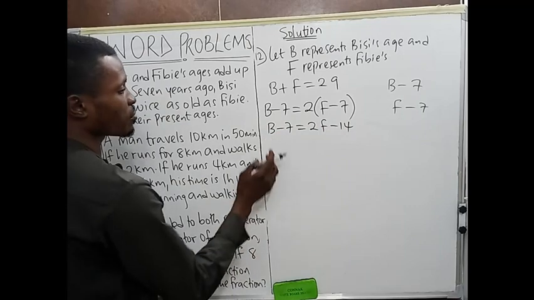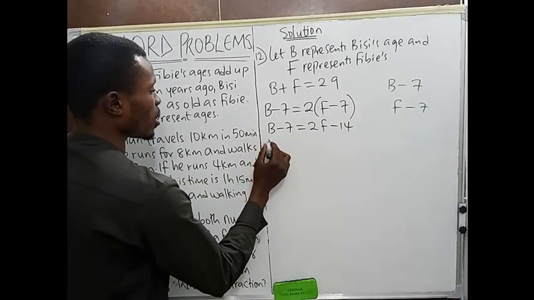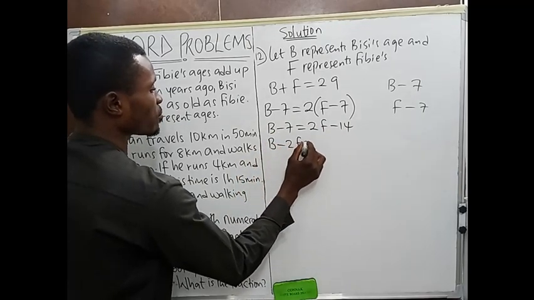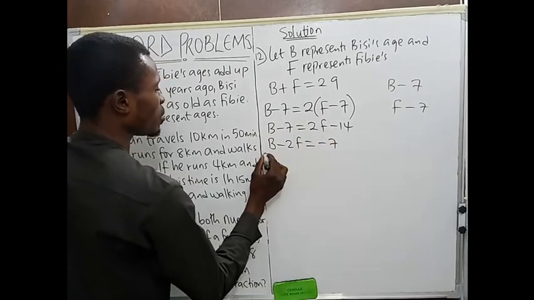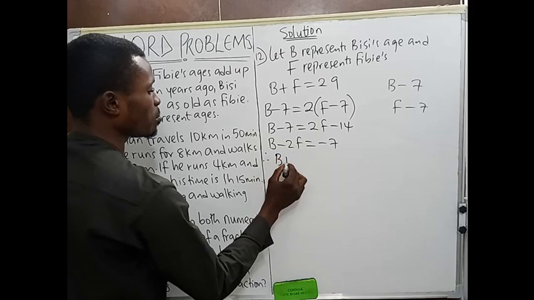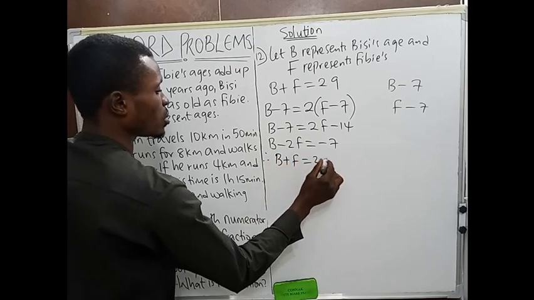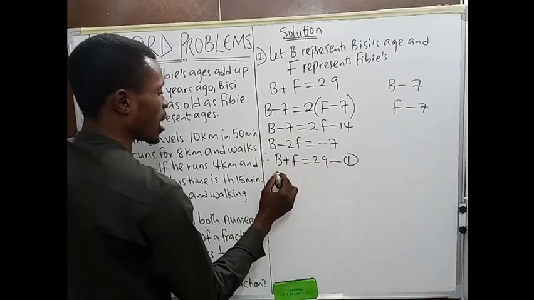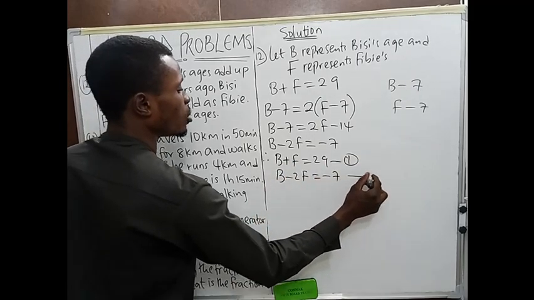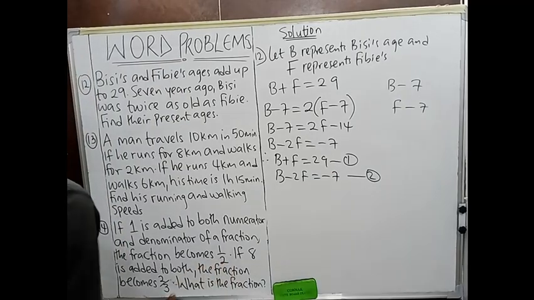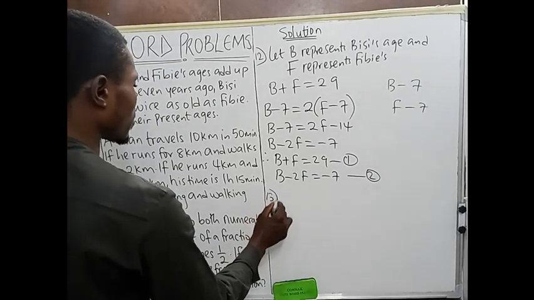For like terms, you have B minus 2F equals minus 14 plus 7, which is minus 7. Therefore, we have the equation B plus F equals 29 as equation 1, and B minus 2F equals minus 7, equation 2. Now we'll go to number 13.